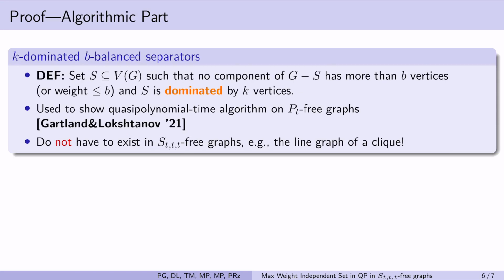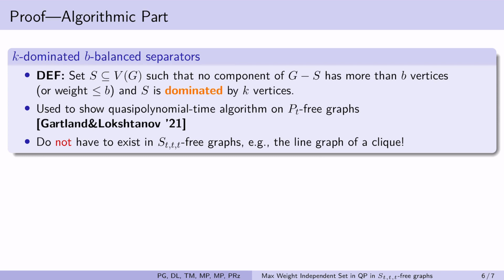In the algorithmic part, we have already seen work with k-dominated b-balanced separators. Just to recall the definition, this is a set S which is dominated by k vertices, and it is of size or weight at most b. And this was shown in the original P_t-free algorithm, the original quasi-polynomial algorithm on P_t-free graphs by Gartland and Lokshtanov.